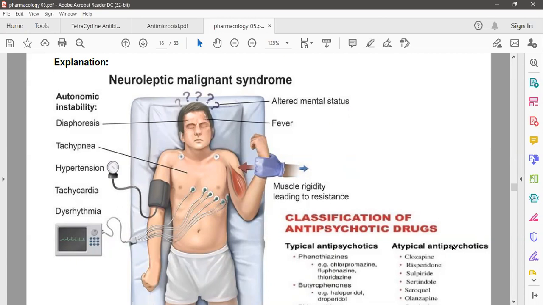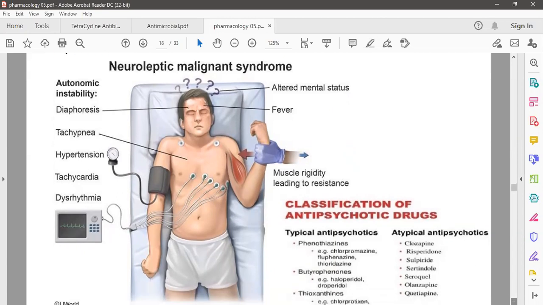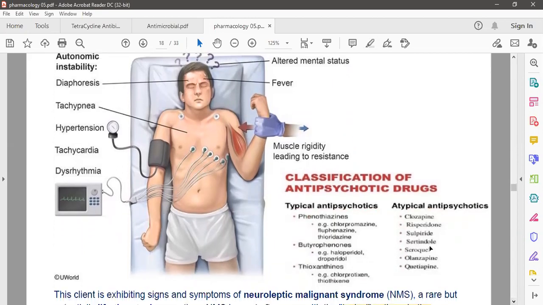Now the atypical antipsychotics, like clozapine, risperidone, or olanzapine. Atypical antipsychotics are called second generation antipsychotics.